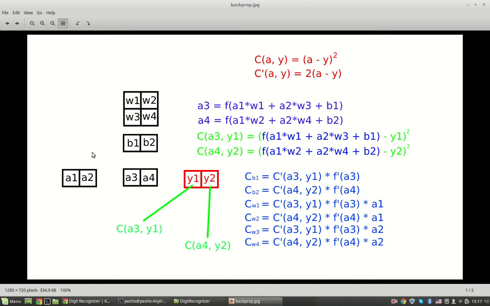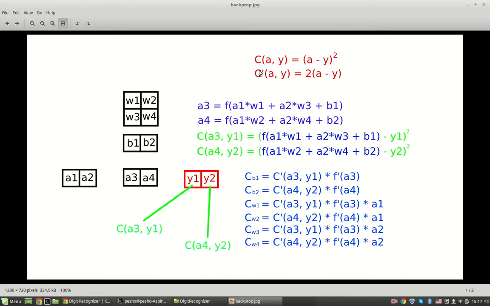Oh, I forgot to mention the cost function, which actually tells us how close our output A3, A4 is to the desired output Y1, Y2. So on the right, you can see here the cost function, which takes A, which is our suggested output, and Y, which is the answer, and we're going to use the quadratic cost function, which is A minus Y squared.